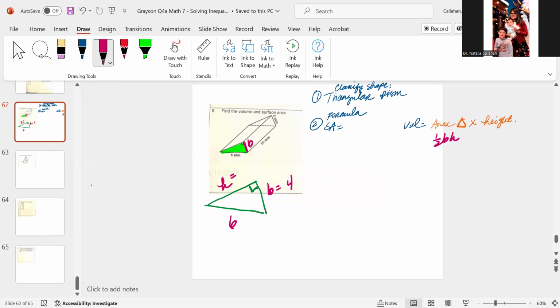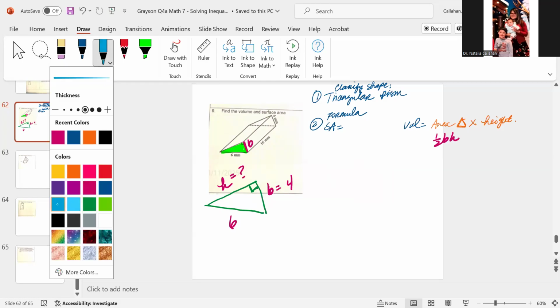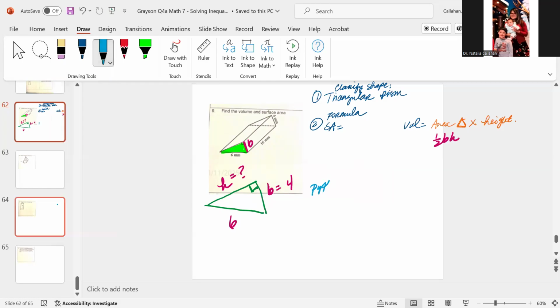Do we know what the height is? No, we don't. So what do you do to find the missing side here? Use the Pythagorean theorem, right? Which is basically the square of the two small sides added together equals the square of the longer side, correct? Which one's the longer side? 6. 6 squared, 4 squared, question mark squared, right?